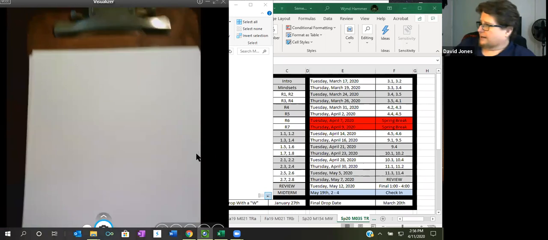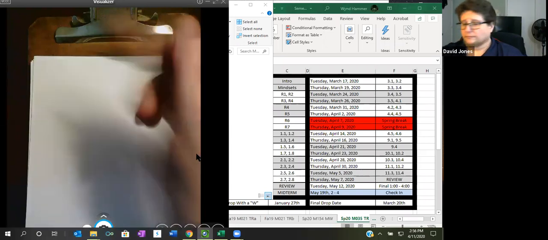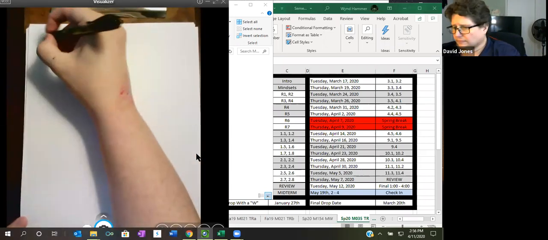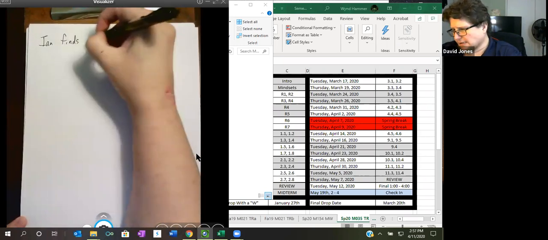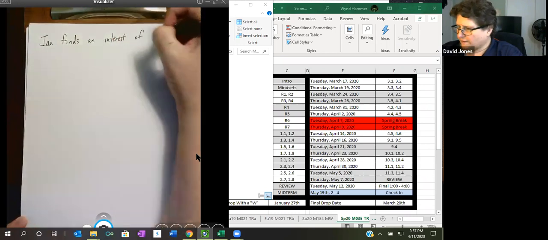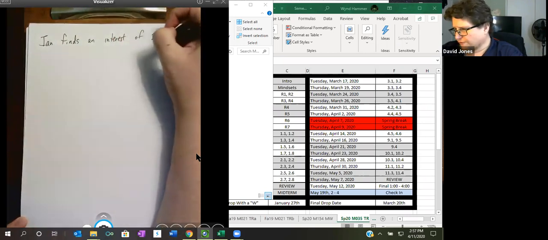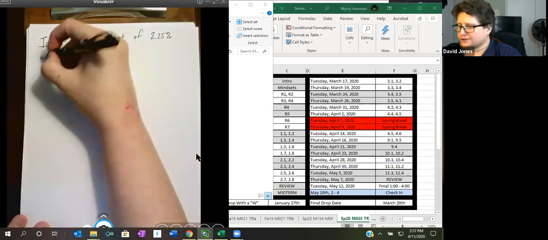So let's see. Ian finds an interest rate of 2.25% with continuously compounded interest.